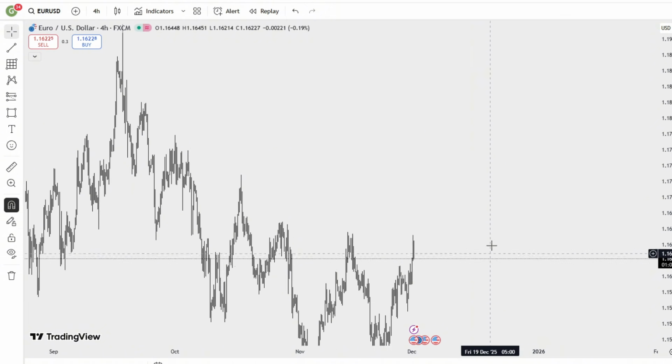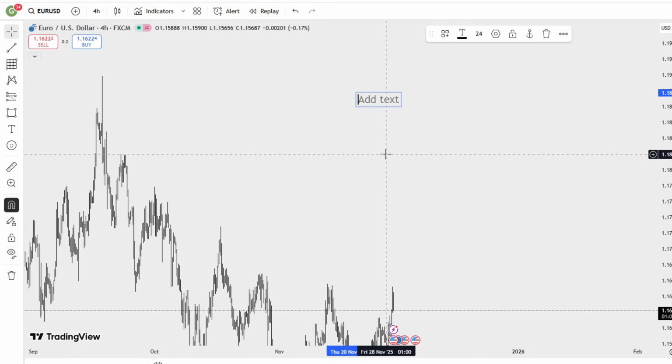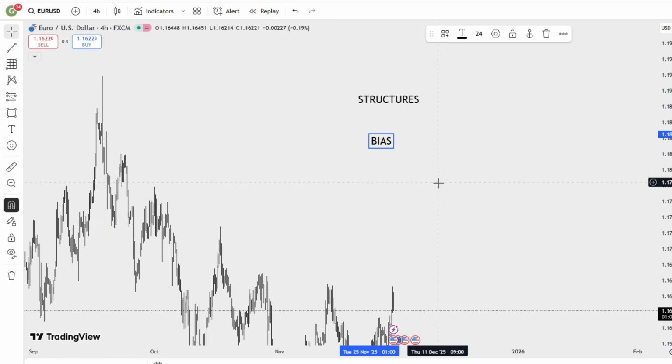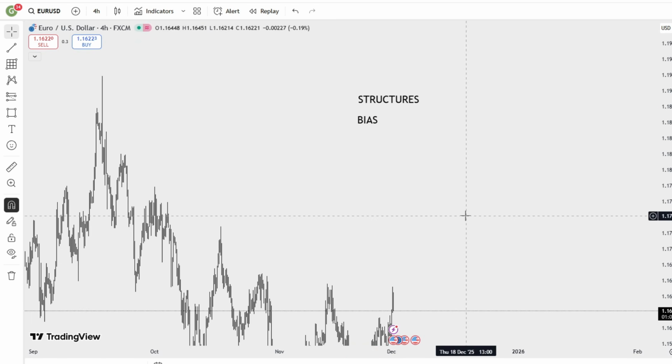Today we're gonna talk about market structures, and we're gonna talk about bias. Bias, what? So why are these two important on CRT?